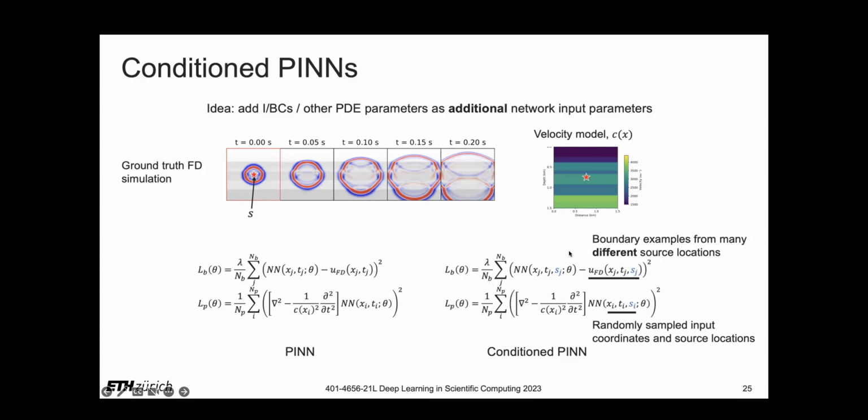You can think of this as simultaneously learning lots of solutions at once, like a bundle of solutions that vary across the source location itself. Because the network is a good interpolator, it can smoothly interpolate across all these example source locations that you give it. And so it can learn to generalize to any arbitrary source location within the distribution of source locations that you give it as training data.